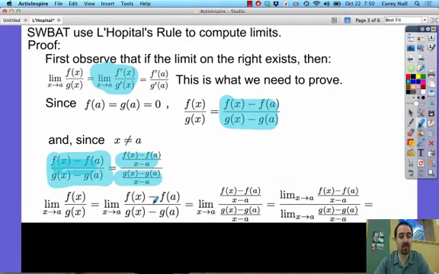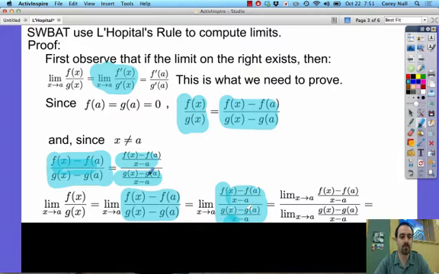Now, if I take the limit of f of x over g of x, I know that's the same as the limit of this, which I've written up here, and that's the same as the limit of this big ratio.